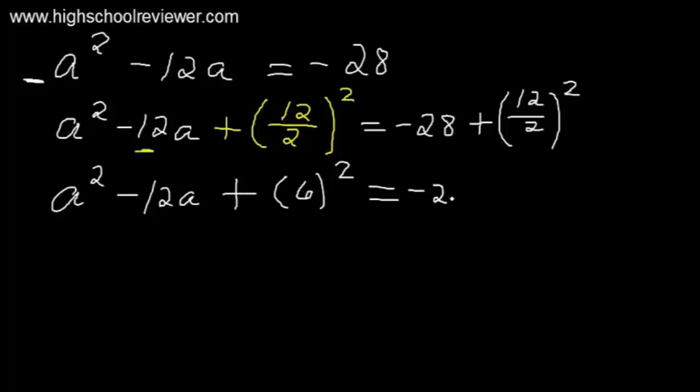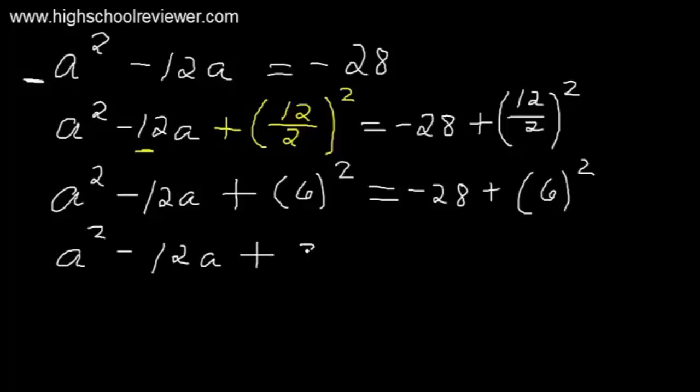Negative 28 plus 6 raised to the power of 2. So a squared minus 12a plus 36, this will be equal to negative 28 plus 36.